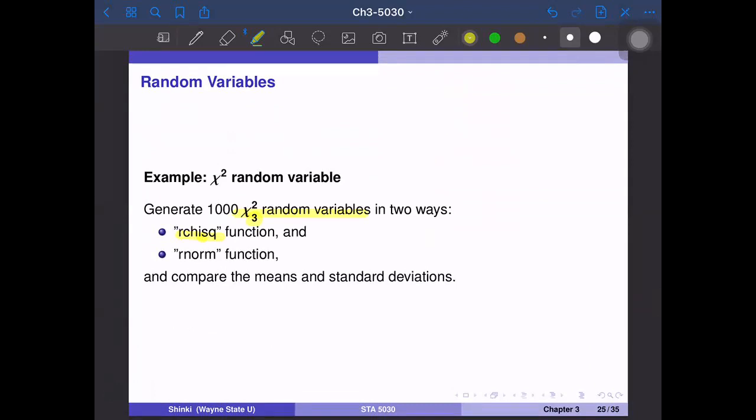Another way is to go back to the definition. The chi-square 3 distribution is equal to x1 squared plus x2 squared plus x3 squared, where x1, x2, x3 are standard normal. If you generate 3 standard normal random variables, then we can make one chi-square 3 random variable.